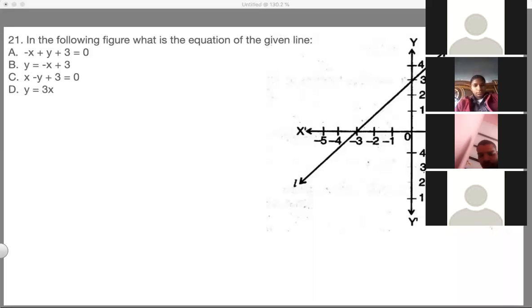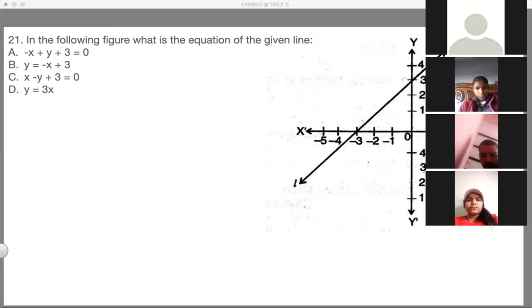In the following figure, what is the equation of the given line? Sir, C option. Yeah, that should be the option, right?